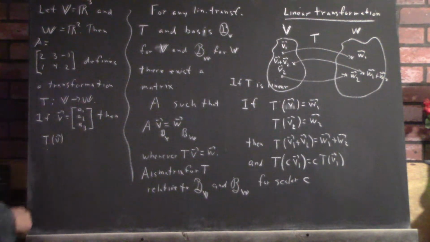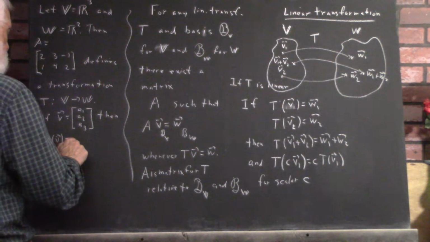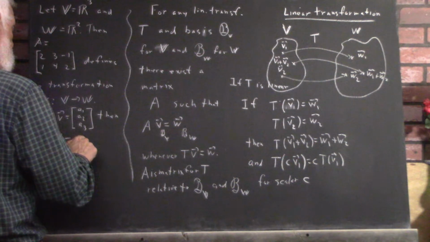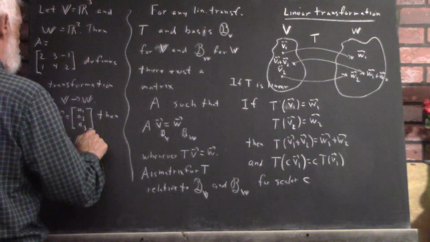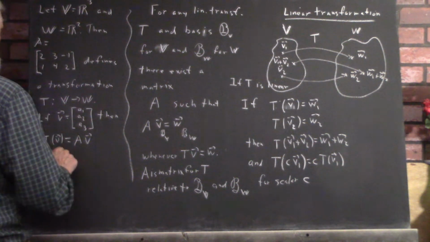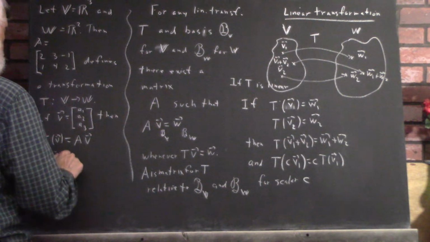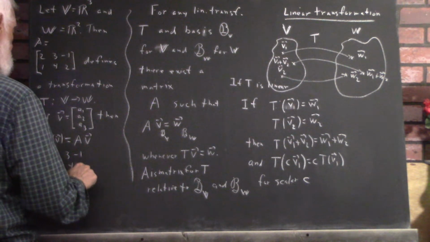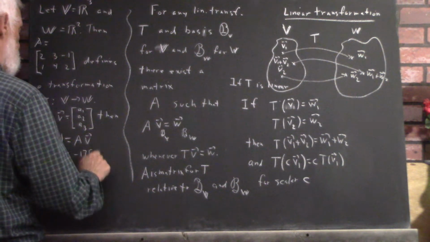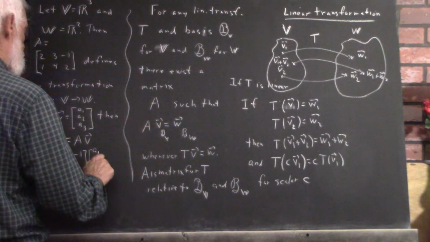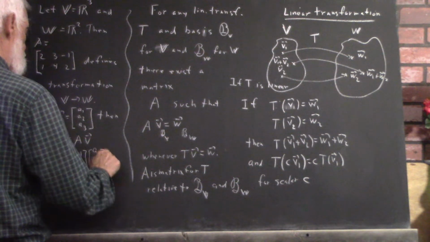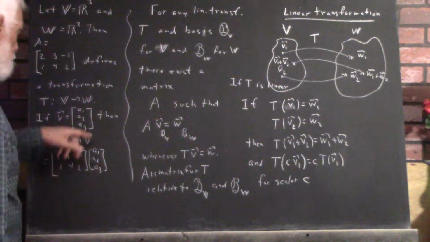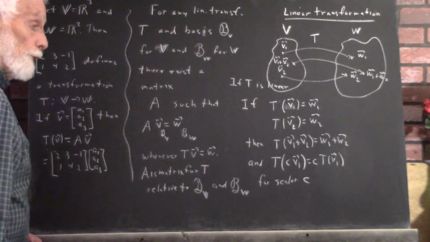Then the transformation applied to V equals A times V, which is 2, 3, negative 1, 1, 4, 2 multiplied by the column A1, A2, A3.